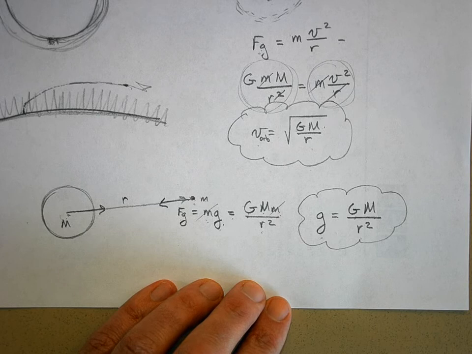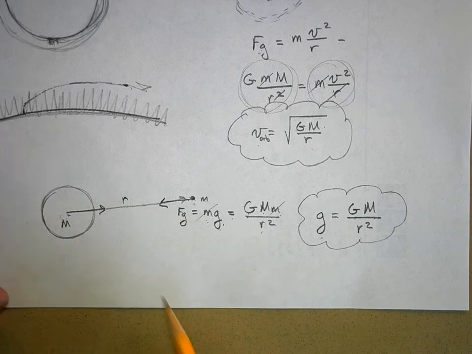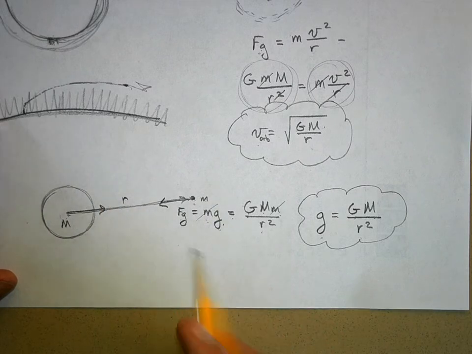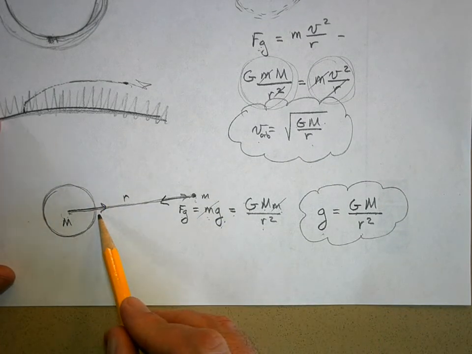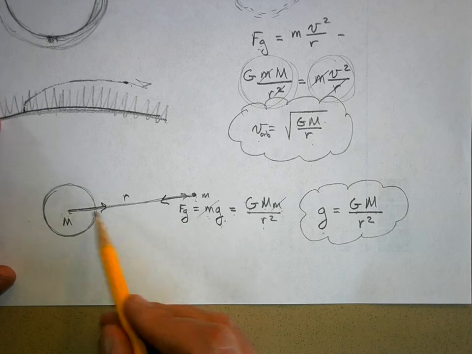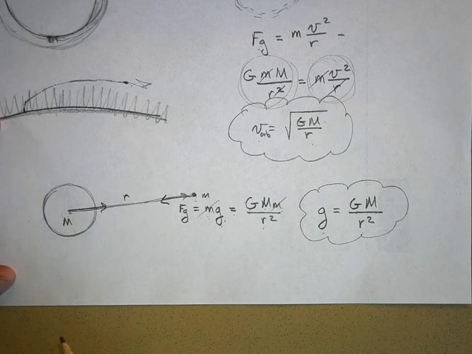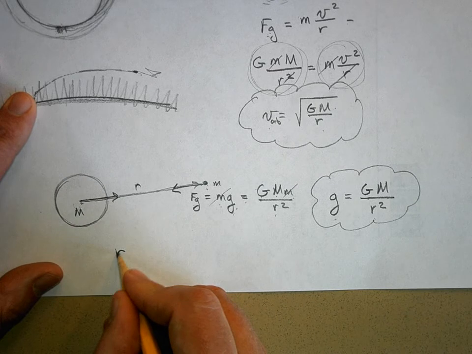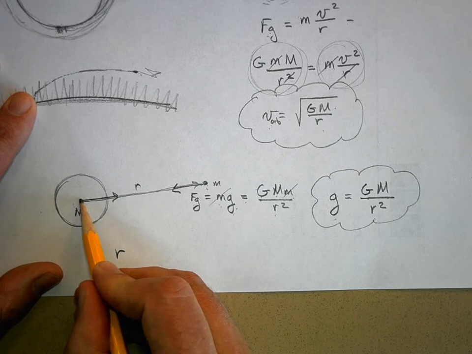Okay, one last thing here. Quite often they'll give you an altitude, and an altitude is a distance above the surface. So r is the distance from the center of the Earth to my satellite.